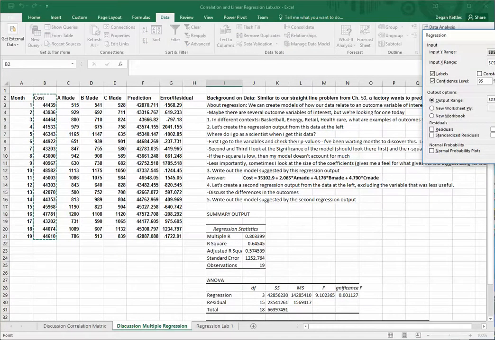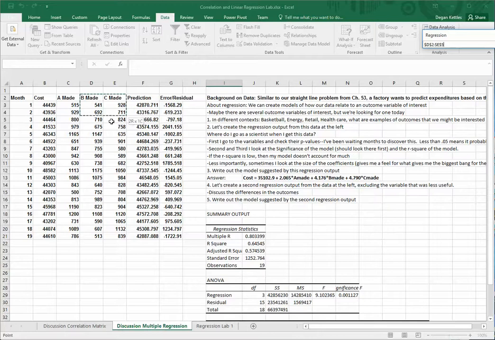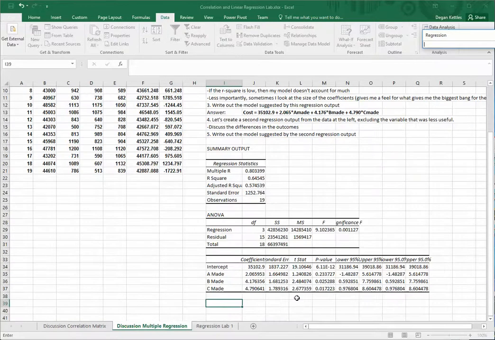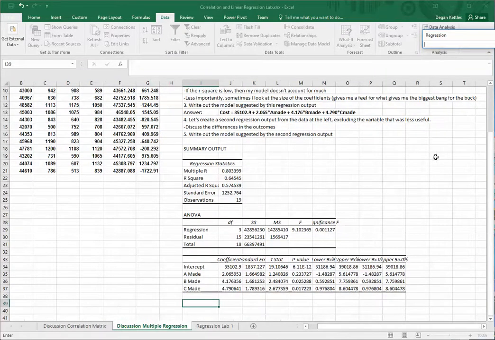Now I have these numbers that tell me how well my model performs. Let's see if it performs any better if I change things up a little bit. So my X range is now going to be just those two columns. And let me find a place to put this. Maybe I'll put it off to the side, because that'll make it a little bit easier to compare.